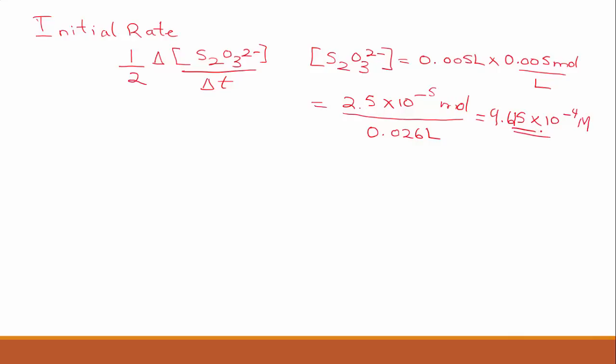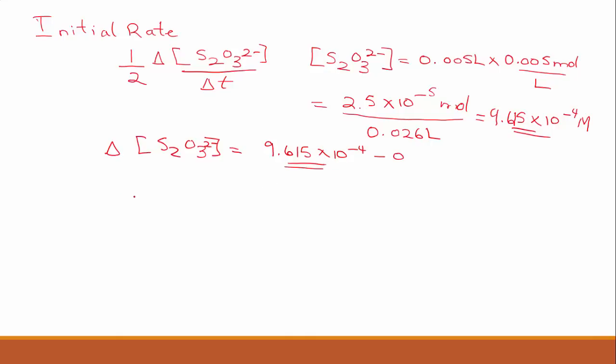You can think about that when you're writing your lab reports. So the change in concentration of S2O3 2 minus is just going to be equal to 9.615 times 10 to the negative 4 minus 0. So it'll be this value here.